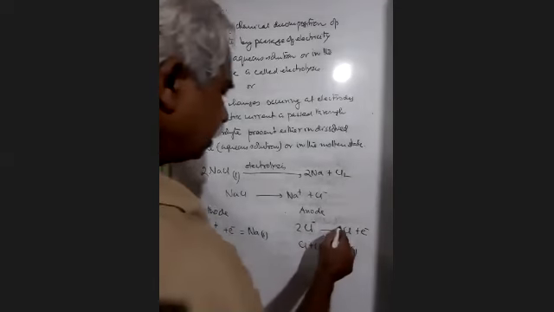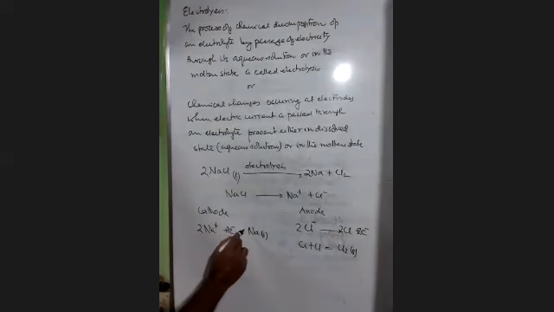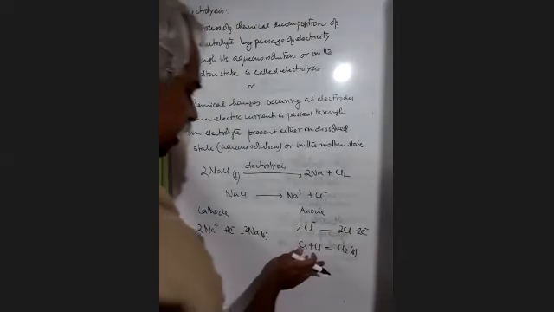So here I have written 2, so I'll write here now 2. So it will be 2, 2. So at the cathode you will find sodium is depositing, and at the anode the chlorine gas is evolved. You can literally see the bubbles coming out there.